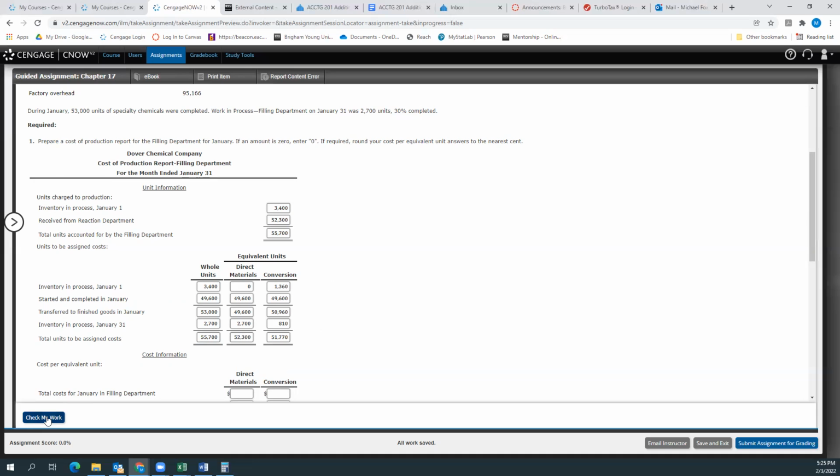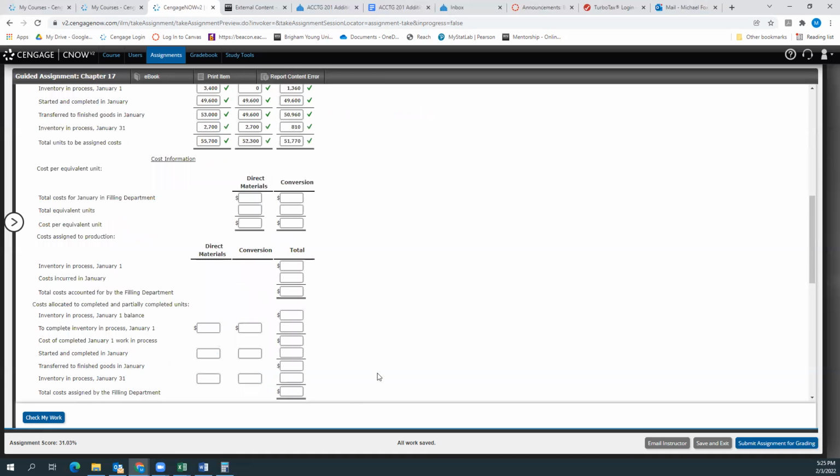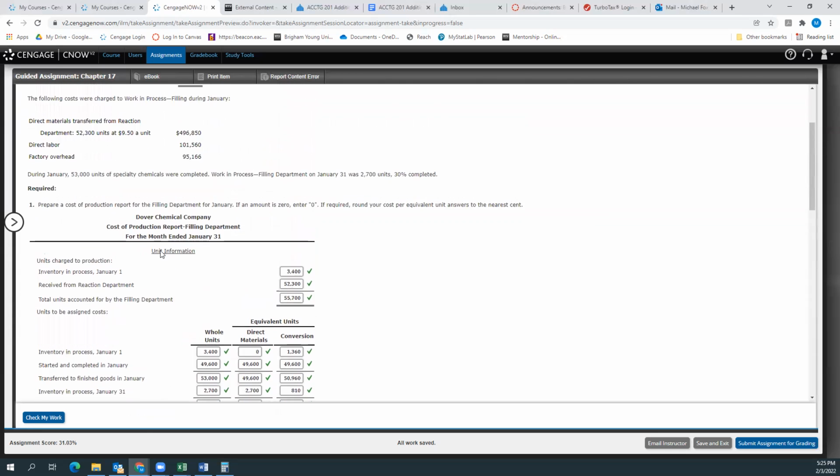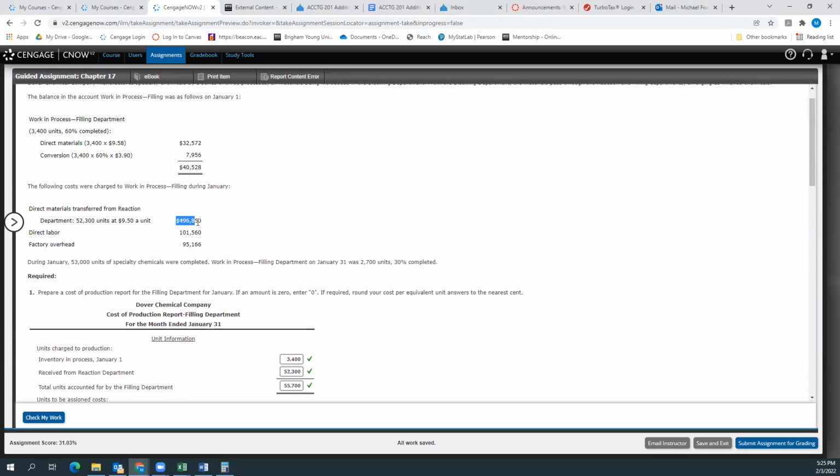So I'm going to check my work and make sure I didn't make any mistakes. So I'm good. So that lets me now, because I'm going to use some of this information down in the cost information, because what we have to do is calculate the cost per equivalent unit. All right, so the total cost for January in the filling department, if we scroll up here, it's actually given to us right here.